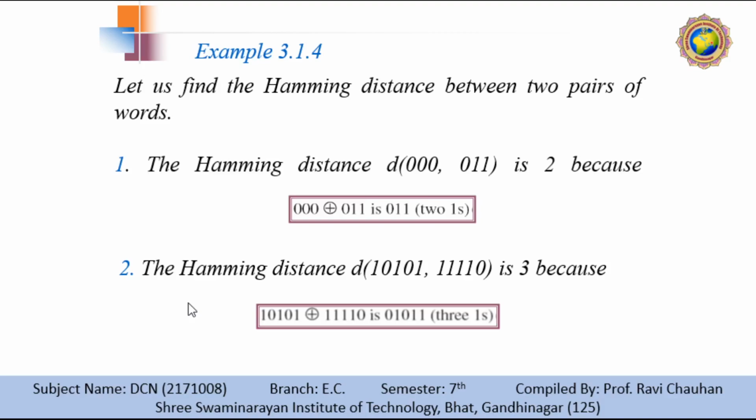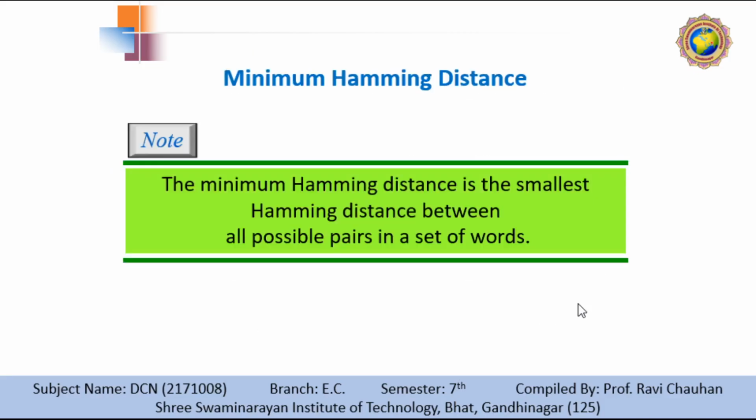In the second example, the Hamming distance between 10101 and 11110. What is the XOR between these two? 01011. How many ones are there? 3. So the Hamming distance will be 3. Fine, so it is very easy.